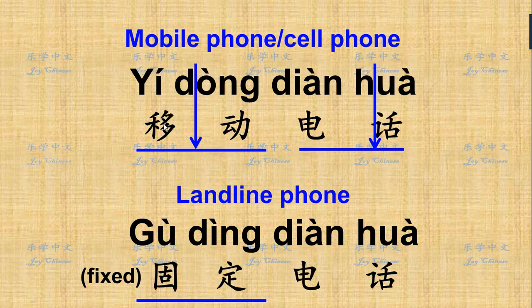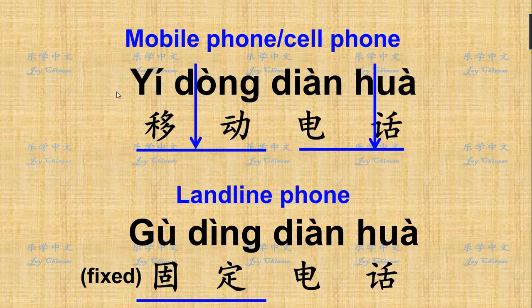The first one is 移动电话, which means cell phone or mobile phone. The 移动 is mobile, okay? Means movable. Phone, 电话.